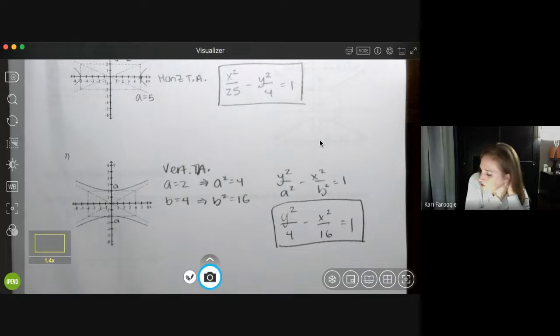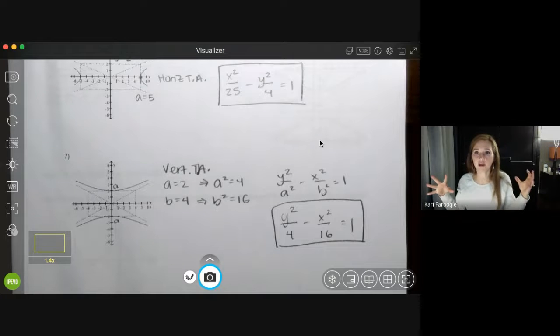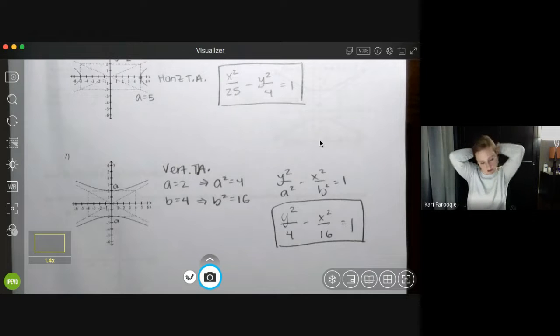What I find kind of interesting about ellipses and hyperbolas is that you learn ellipses and it seems like, oh, that was easy, and you get used to doing it. And then you learn hyperbolas, and at first it's kind of confusing because some things change, but you get used to working with hyperbolas and then it seems fine. But then something happens once you mix them together and you're looking at two of them in the same section, or you're working on a test and you have an ellipse and then you have a hyperbola, and it starts to get confusing because you're like, wait a second, which one has the fact that A has to be greater than B?